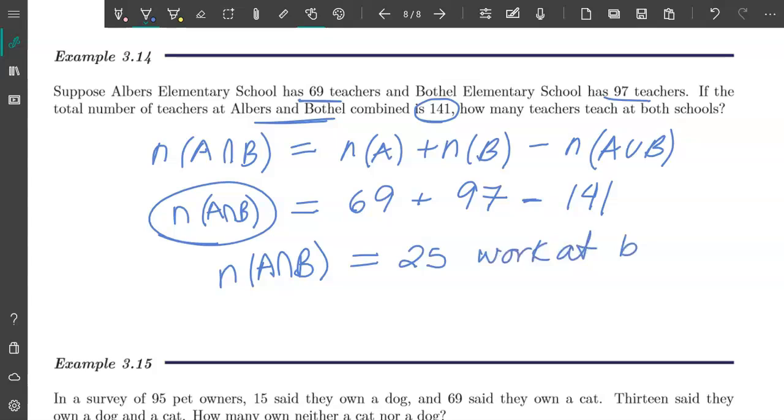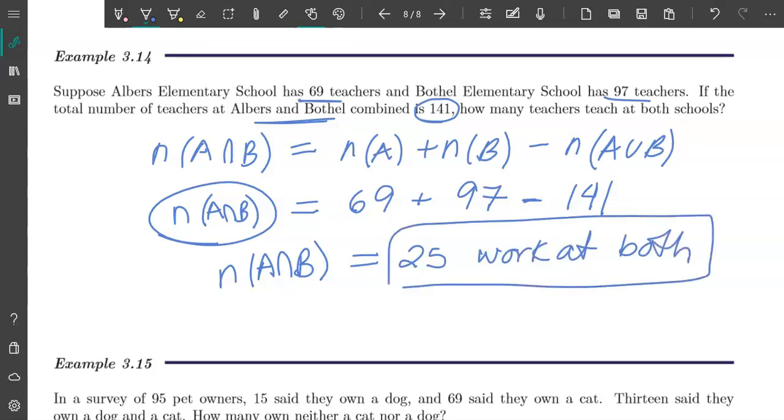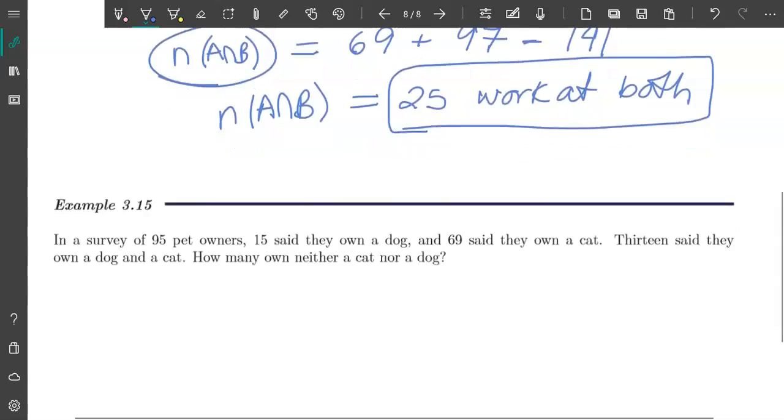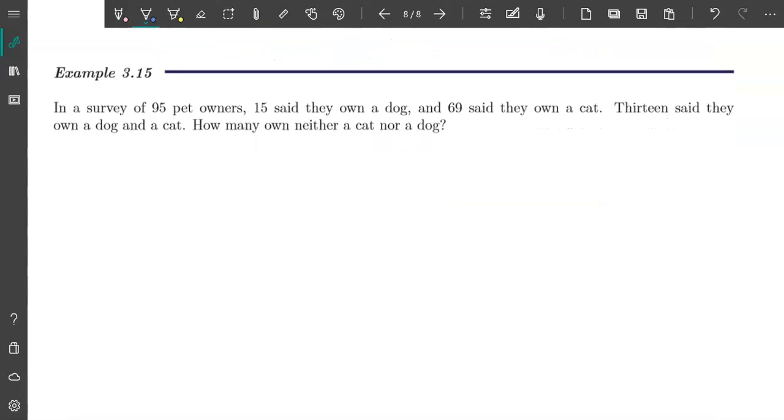So I think sometimes the vocab in the language is a little confusing in the question, so I just want to point that out. This next problem down here, 3.15, see if you can figure that one out on your own by doing it as a classwork.